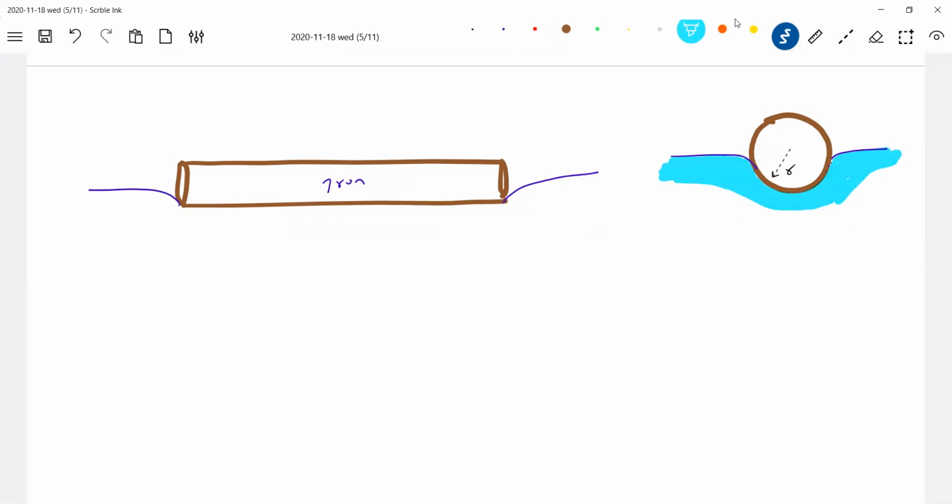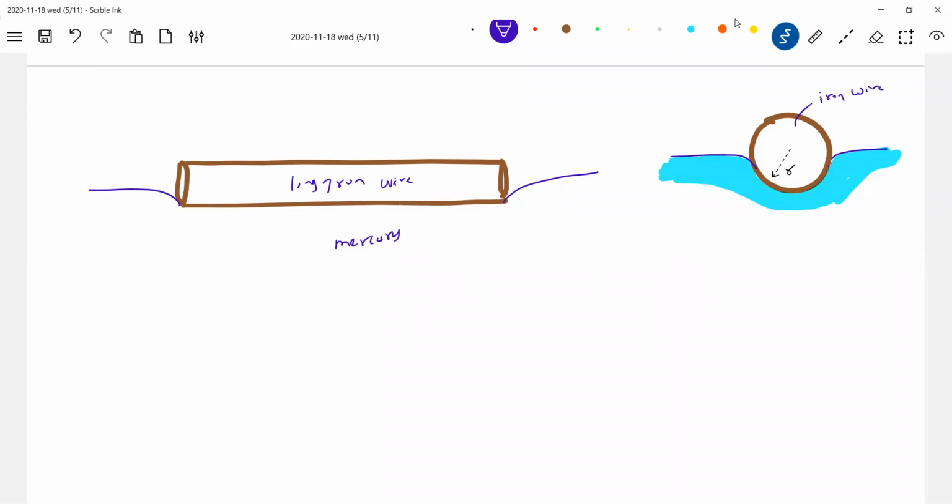It's a long iron wire. I'm showing the length as limited, but it can be long, even 1 kilometer.